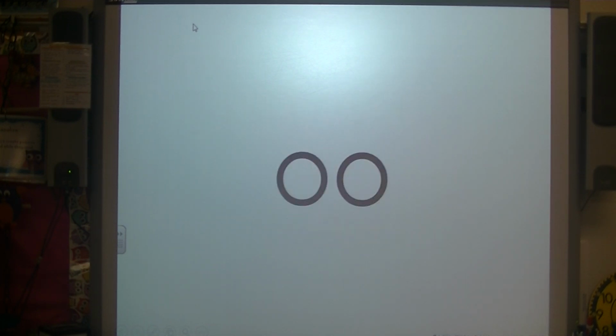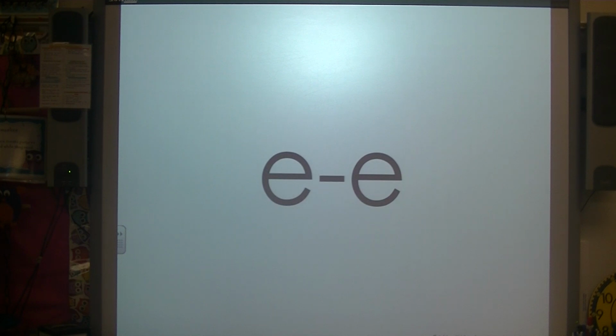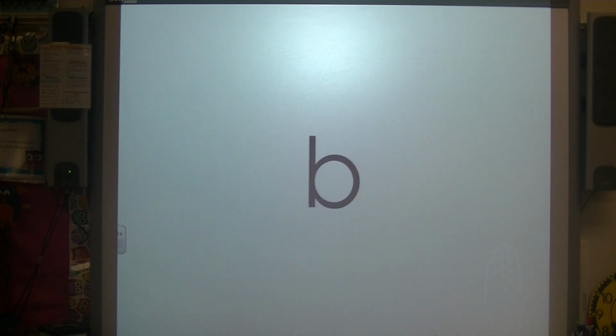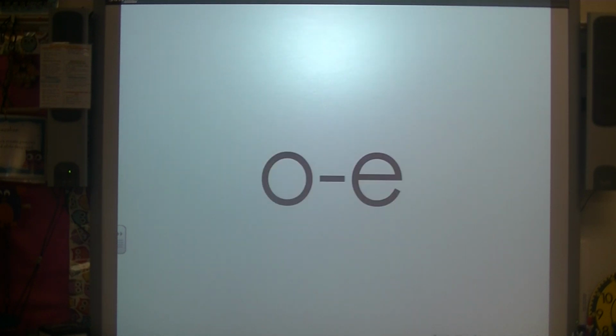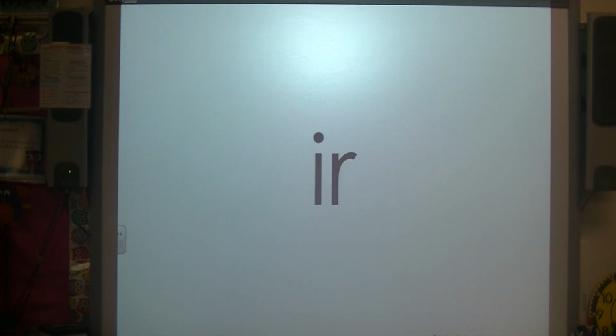Name the letters. Digraph O-O. E consonant E. B. Q. Digraph S-H. D. S. C. O consonant E. Combination I-R. E. A. V. Combination O-R.